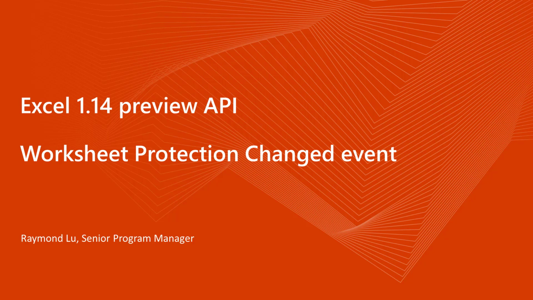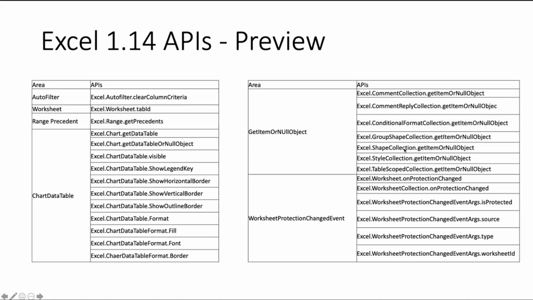First of all, here is the 1.14 API list. These are the candidates that we're going to release at this Ignite. It includes the auto filter, which enables you to clear the column criteria, and it also allows you to access the worksheet tab ID, which is an integer ID, and the range precedents API.